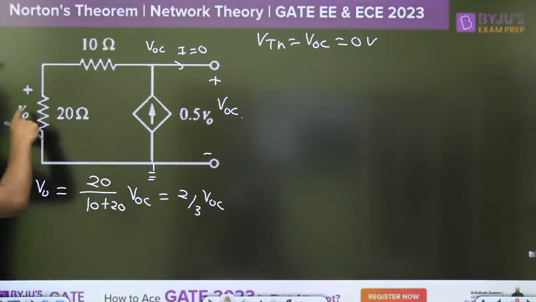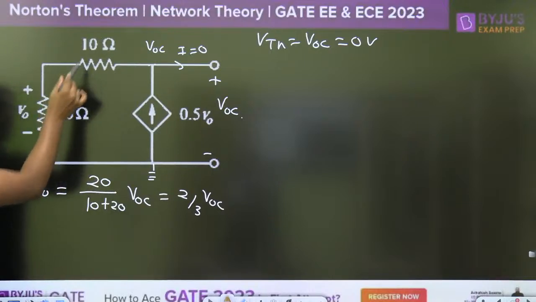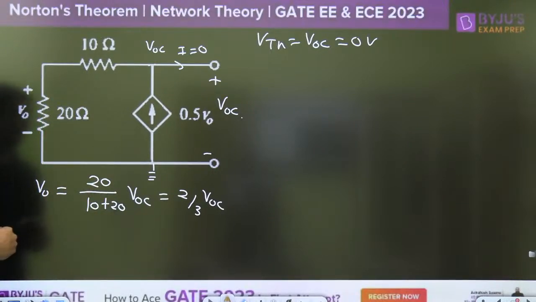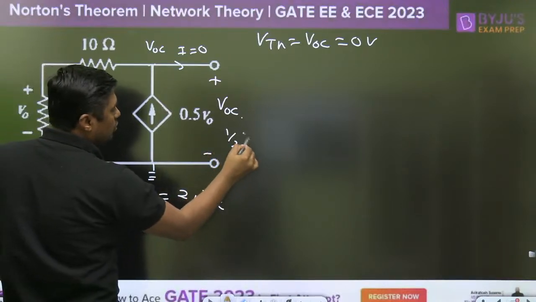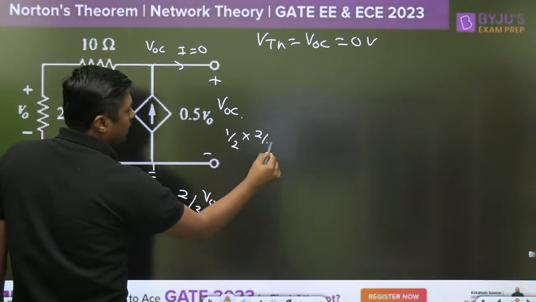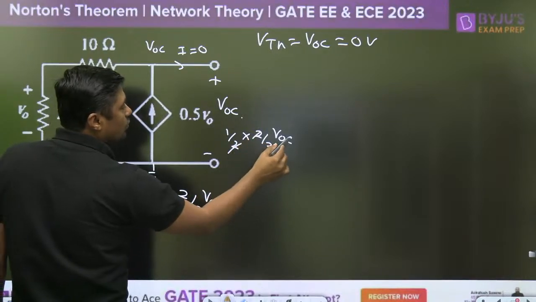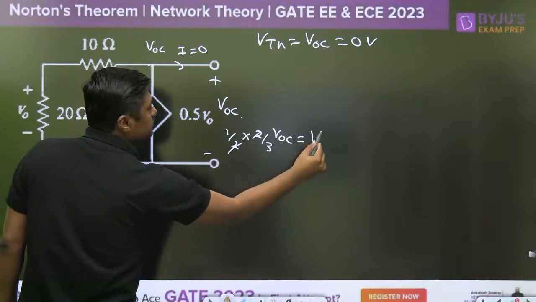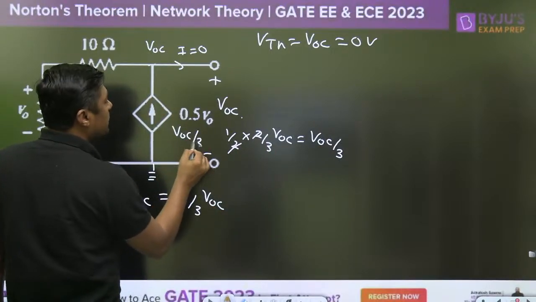Always remember, from this point to this point the voltage is VOC. According to the voltage divide rule, 2 by 3 VOC. And that's why 0.5 V0 means 1 by 2 into 2 by 3 VOC. The 2 cancels, and this will become VOC by 3.